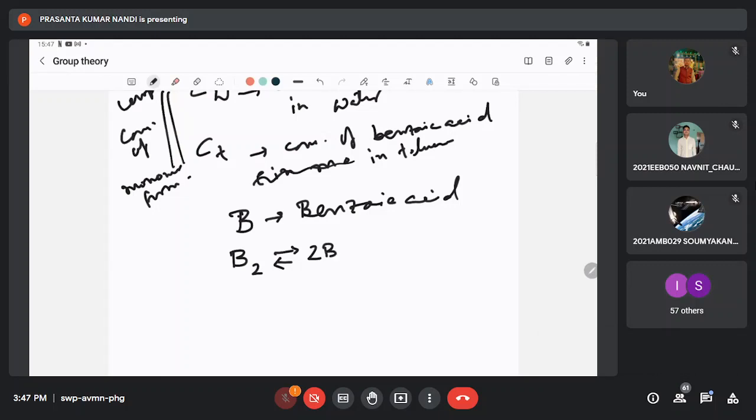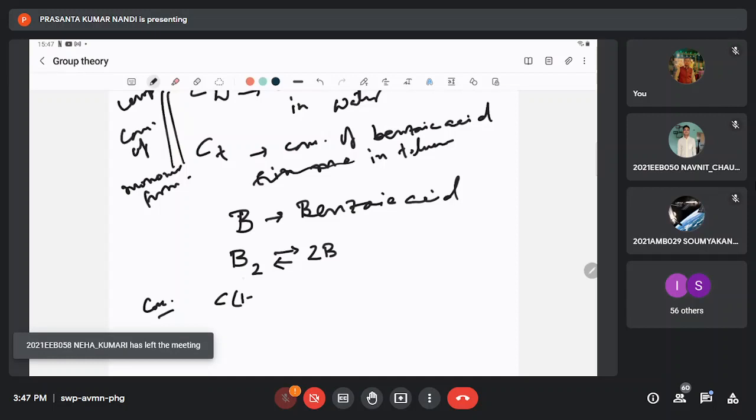And let the concentration, say any arbitrary concentration, be C into (1 minus beta). Since normally we use alpha, here we use beta, that is the extent of dissociation. So the concentration, as per the stoichiometric coefficient, should be 2 beta.